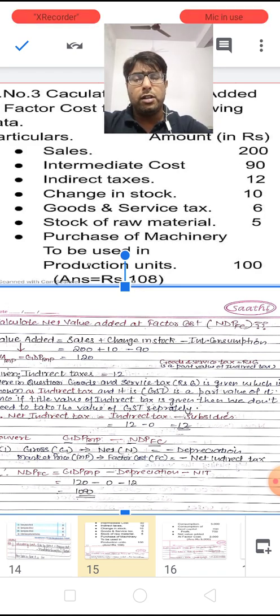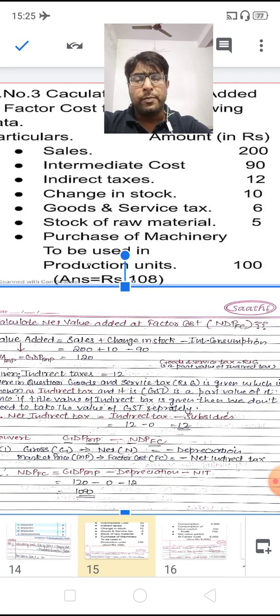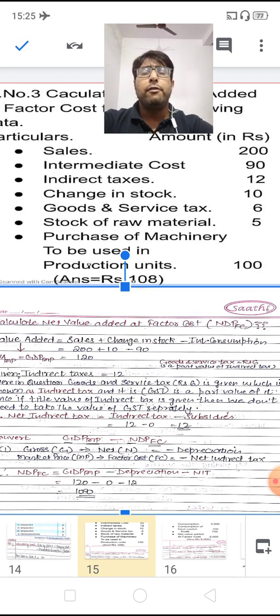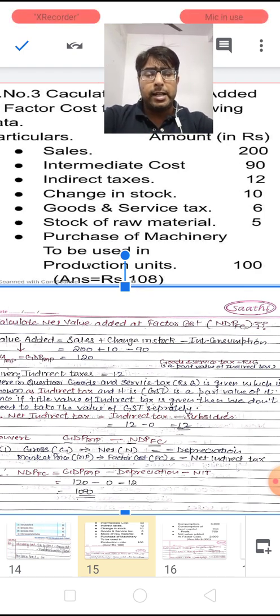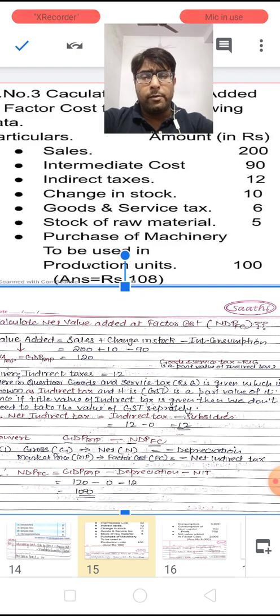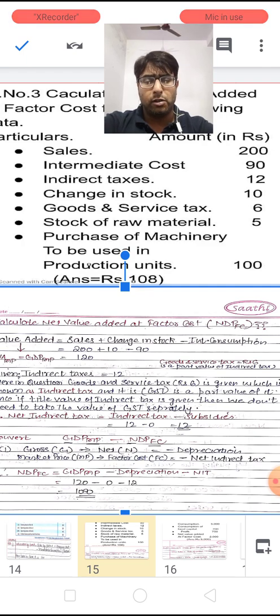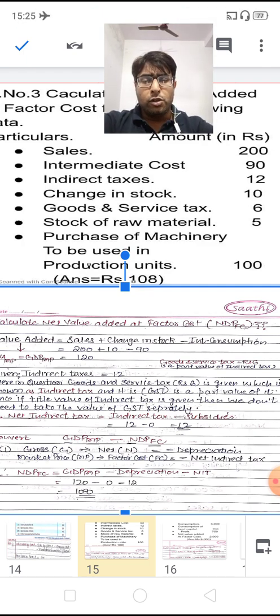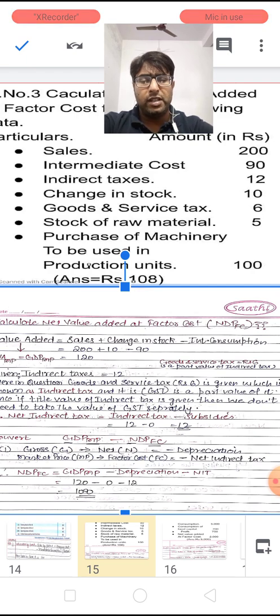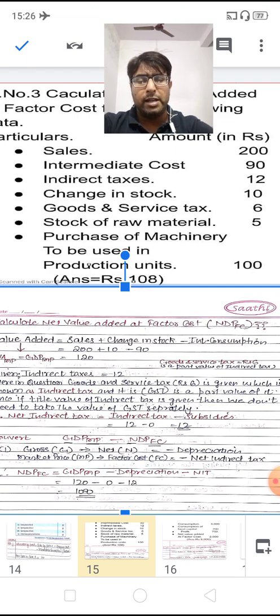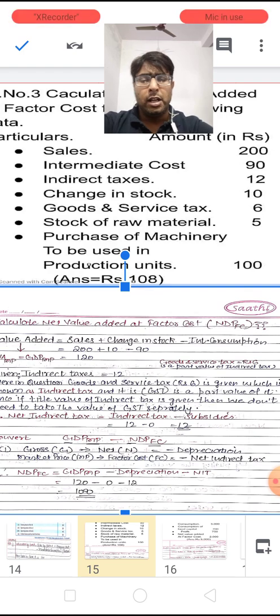Then we have to convert market price to factor cost, for which we subtract the value of net indirect tax. Once we subtract net indirect tax from the market price, we get the factor cost. So NDPFC is GDPMP minus depreciation minus NIT.